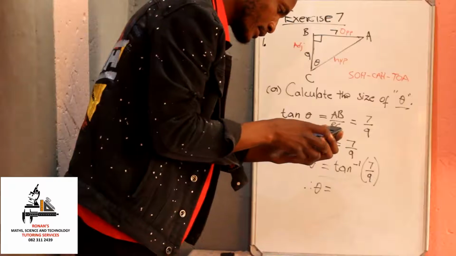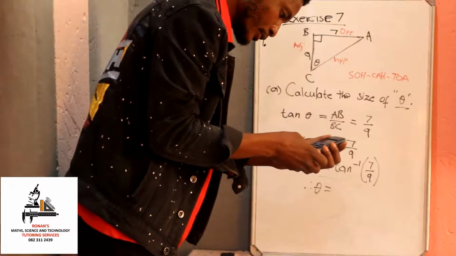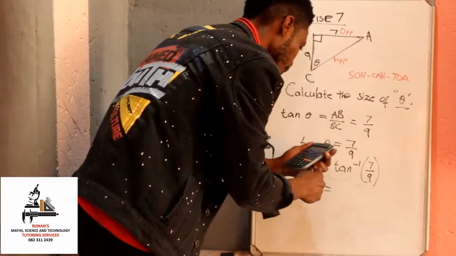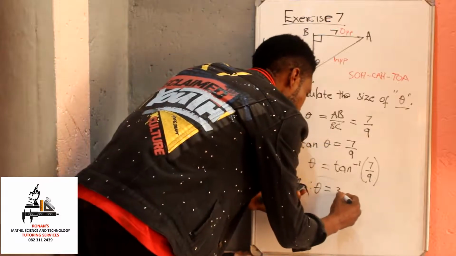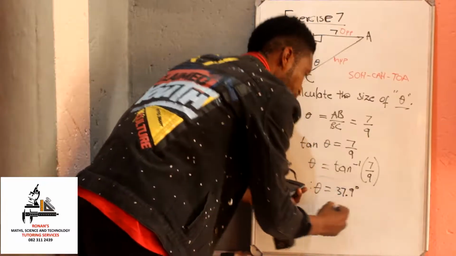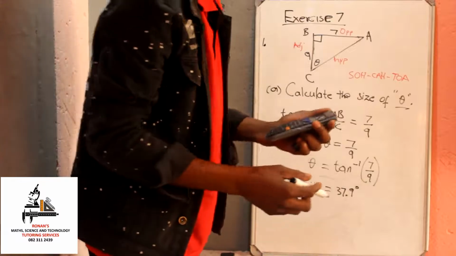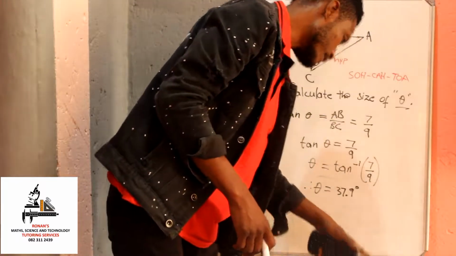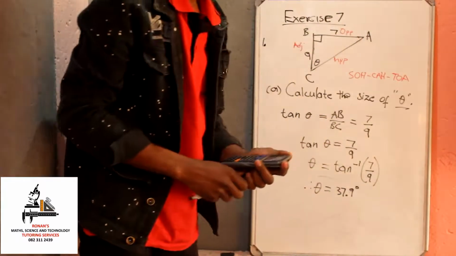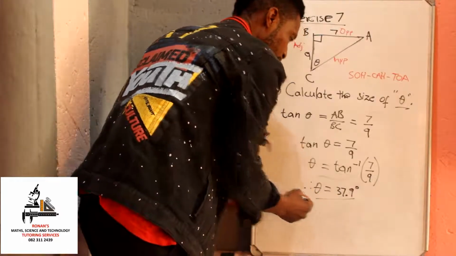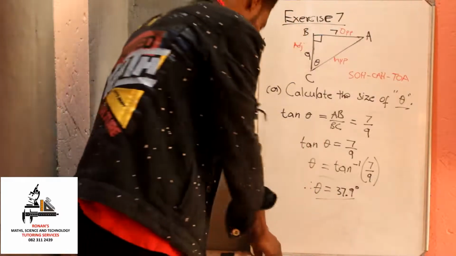That then gives us a solution of 37.9 degrees. I've rounded it off to 1 decimal place. Let me just confirm. Oh yes, we are requested to round off to 1 decimal place. So theta will then be 37.9 degrees.